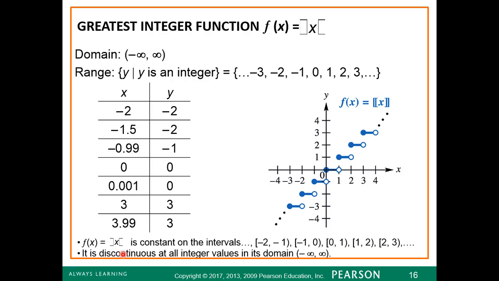It is discontinuous at all integer values in its domain. So at every integer, it's going to jump. There's a discontinuity, so it's only continuous on those intervals. For example, from 0 to 1, it's continuous, and then from 1 to 2, it's continuous, but it does not include the right endpoint in the interval.